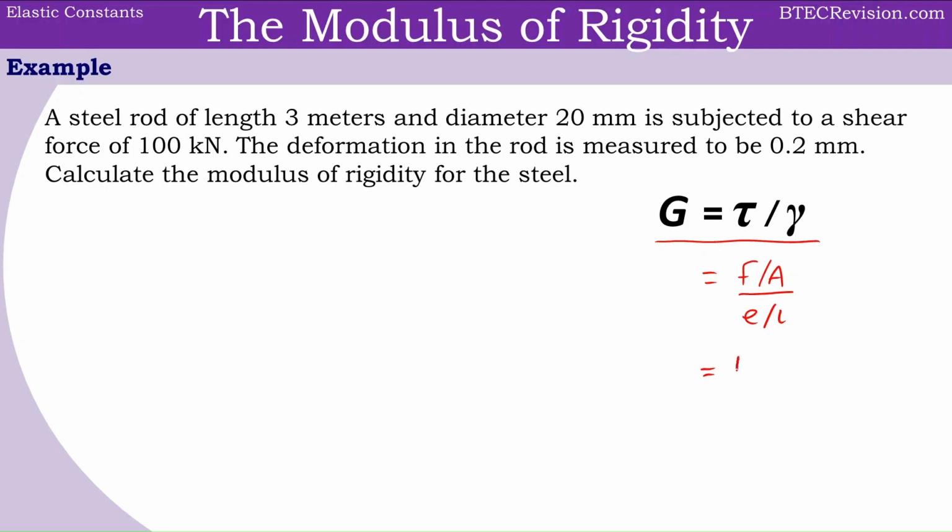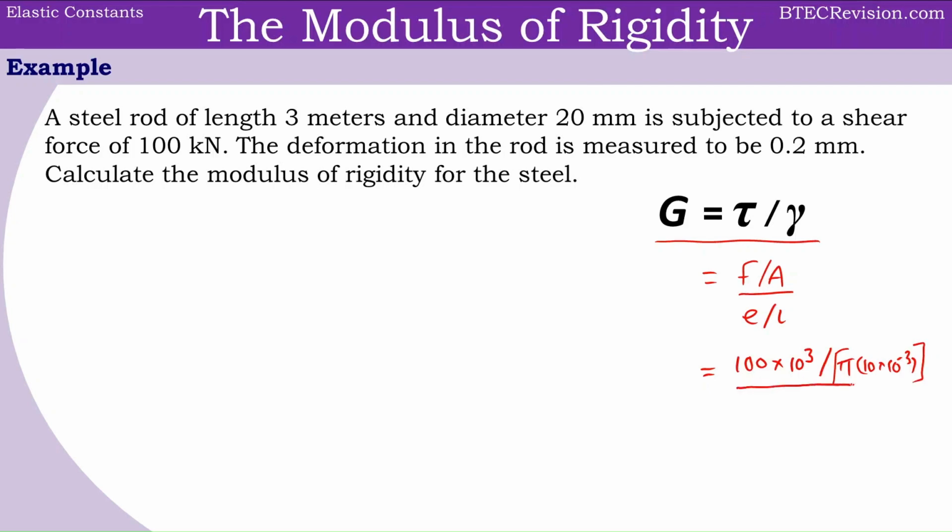We know force is 100 kilo, so that's 10 to the power of 3, and that's divided by the area. Now, since we're using a rod, the area is going to be pi r squared. We know r is half the diameter, so that is 10 millimeters, 10 to the power of -3.